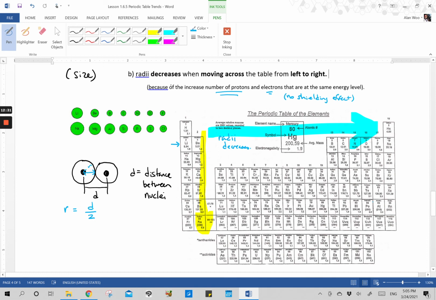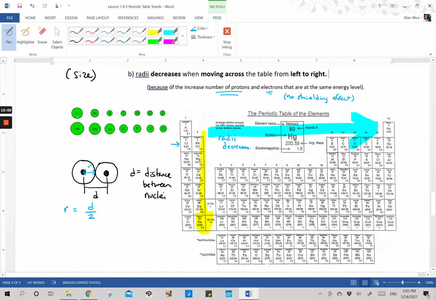Because you're not increasing the number of inner electrons. Okay? You're doing that when you're going down the family, but when you go across, you're just adding electrons to the same shell. Okay? So there's no repulsion. Okay? There's no way of making this atom bigger. So instead, what happens is all that positive charge from all those protons, they just pull those electrons closer towards the nucleus, and therefore decreasing its size.